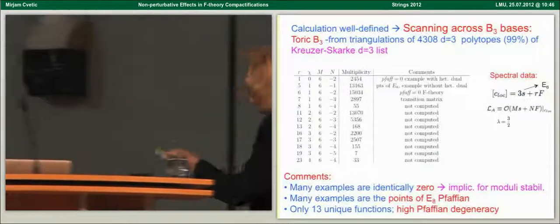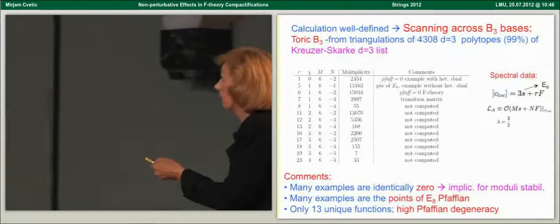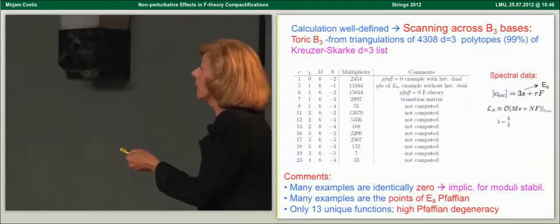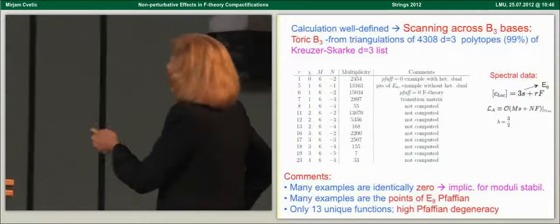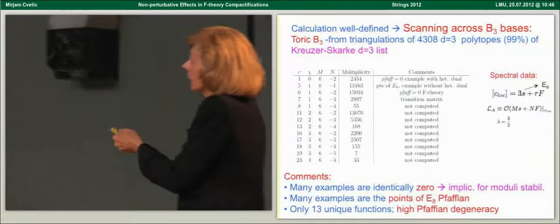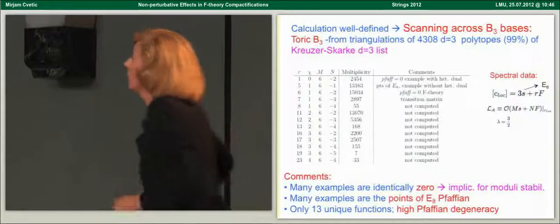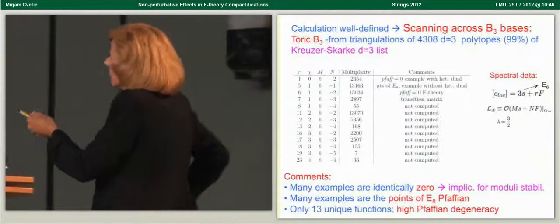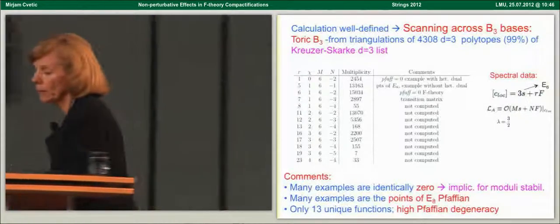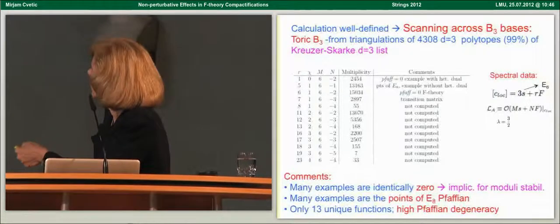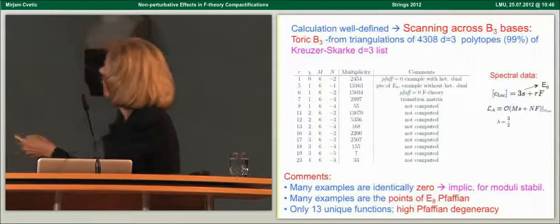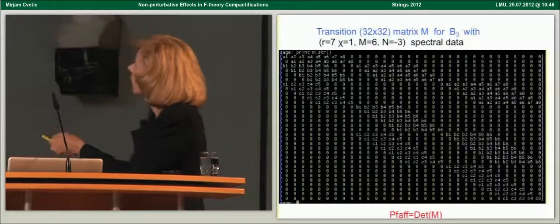But one story is quite intriguing. We see that we often get identical zeros. This would basically imply that the superpotential does not contribute, and has potential implications for whether we can stabilize moduli. But potentials come from elsewhere by modifying gauge couplings. At points of E8, we often see very high degeneracy of Pfaffians.